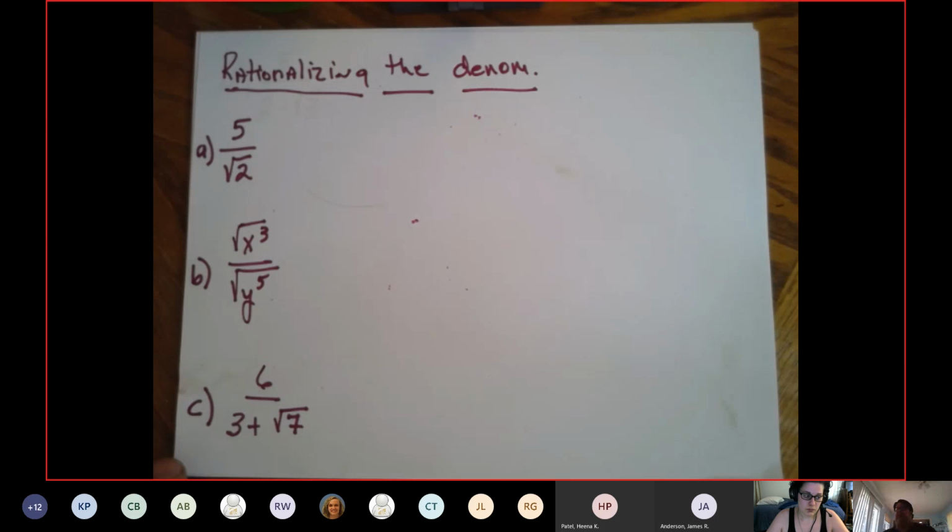Hopefully some of y'all can remember how to rationalize the denominator. Can anybody tell me in the discussion board, why do we rationalize the denominator?